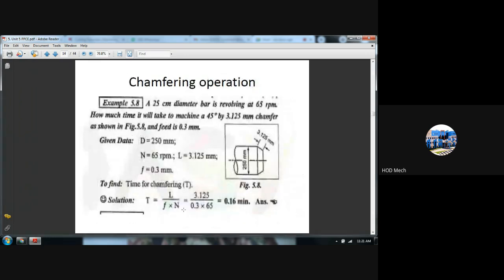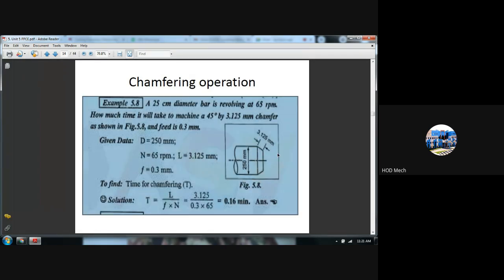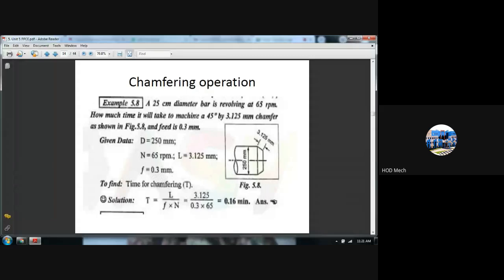And when you come to the chamfering operation, it is again limited compared to the other types. When you look at chamfering, there is a diagram given. Read the problem carefully.